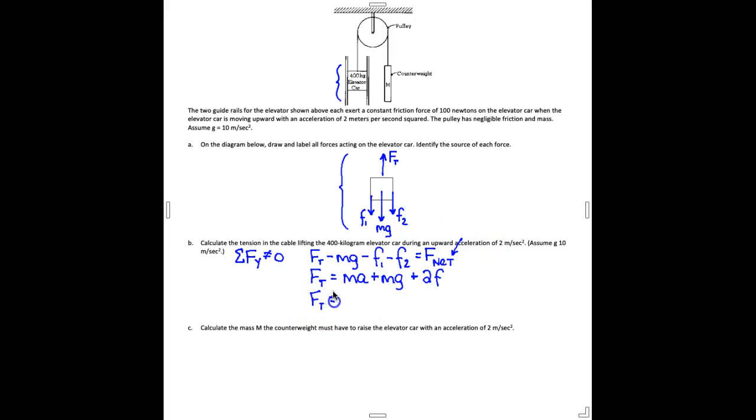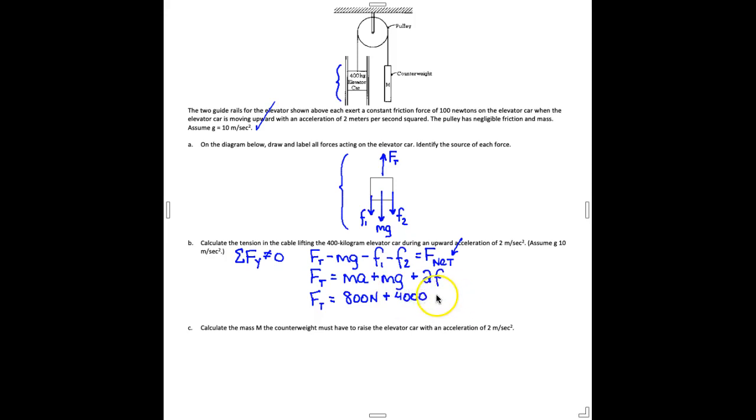Well, the tension force is equal to mass times acceleration. The mass of the elevator car is 400, and it's accelerating upwards at 2. So 400 times 2 is 800 newtons. So the net force is 800 newtons. And I'm going to add that to the weight of the elevator. They told us to use g. So m times g, 400 times 10 is 4,000.